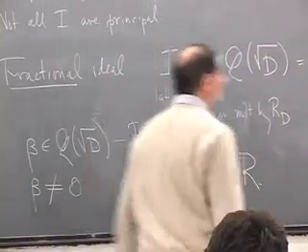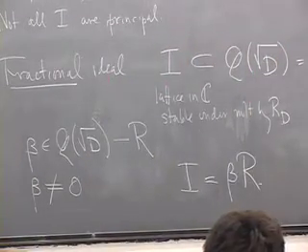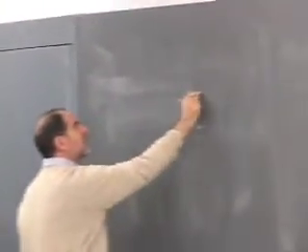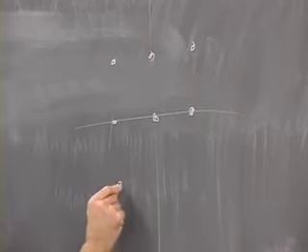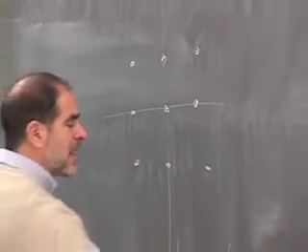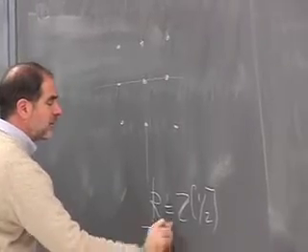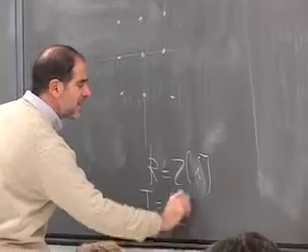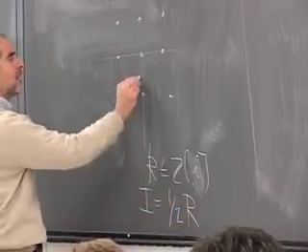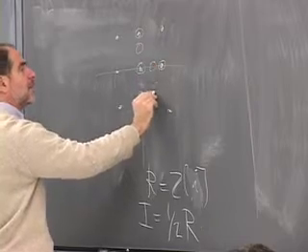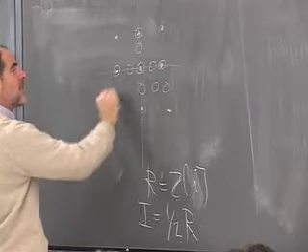So for example, if R were the Gaussian integers, Z[i], we might have the ideal 1/2 times R. And that's still a lattice. It's just not contained in R.